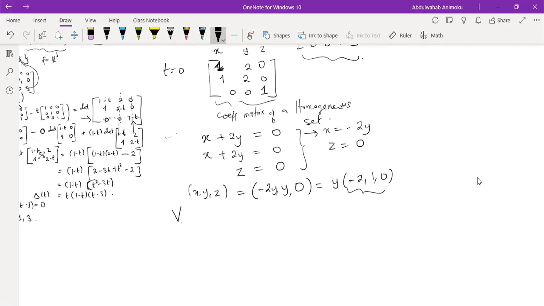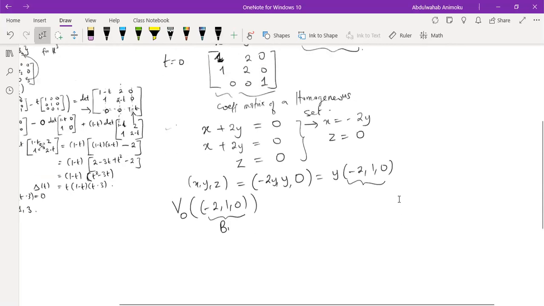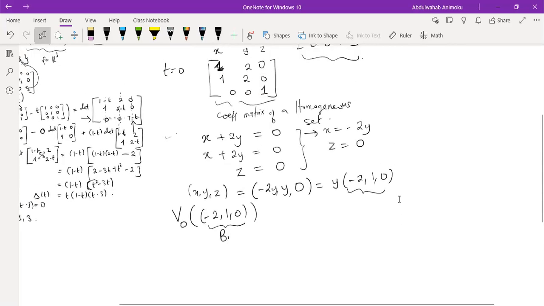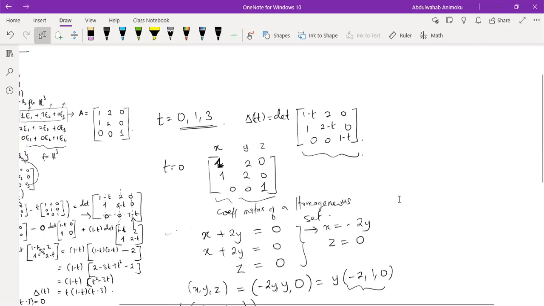Therefore, the solution space of this eigenvalue is spanned by this vector, right? So that's the first thing. This corresponds to the B1 I was talking about, which is the eigenvector corresponding to the eigenvalue 0. Now we are going to do the same thing for the rest of the eigenvalues.